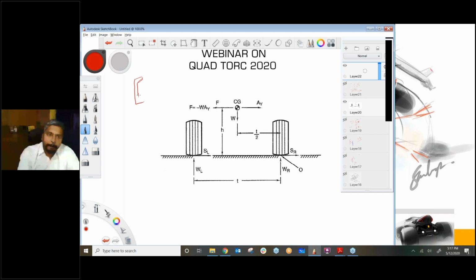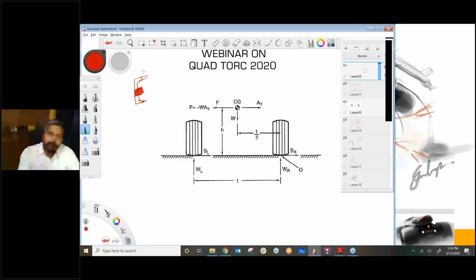Now case 2 is when the turn taken by both the front wheels is equal. This is known as parallel Ackermann. The case 3 is when the outer wheel takes more amount of turn as compared to the inner wheel.